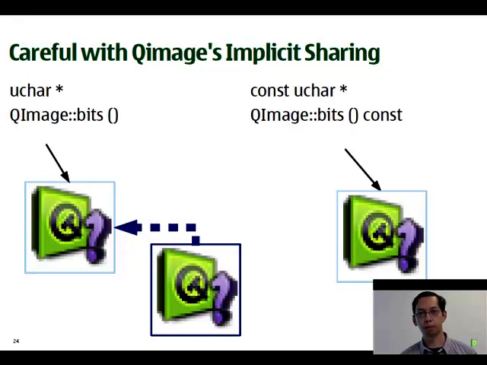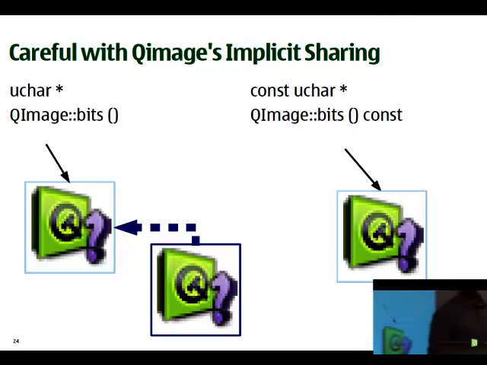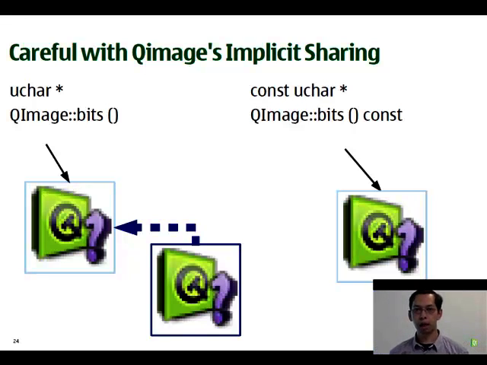Instead, you just pass the reference, actually. This is handled by Qt internally, you don't need to care for that. But in some cases, for example, if you ask for bits that is not const, then Qt will not know whether you want to modify that particular instance of QImage or you want to modify the pixel data that is shared across all different QImage instances.